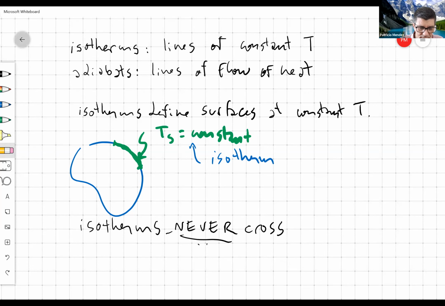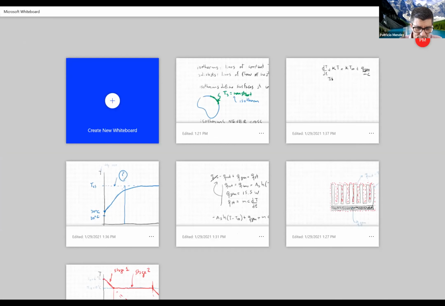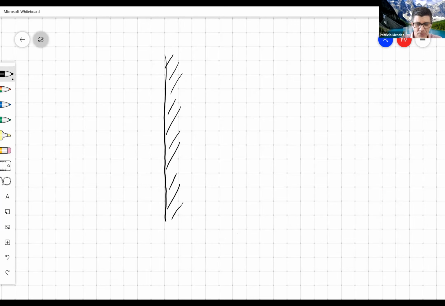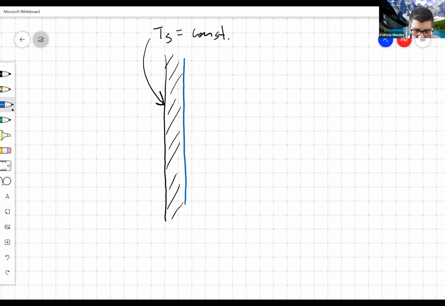Let's have a new whiteboard here. Let's say I have this surface here, something like this we have drawn many times. And let's say that this surface temperature is constant. The isotherms in this case would be all parallel to the surface.